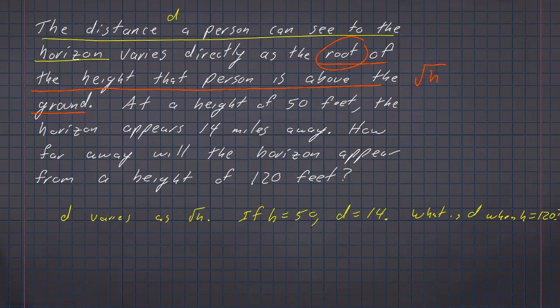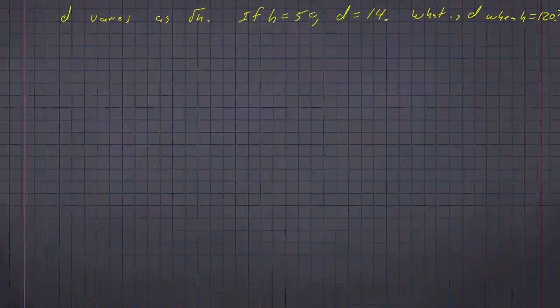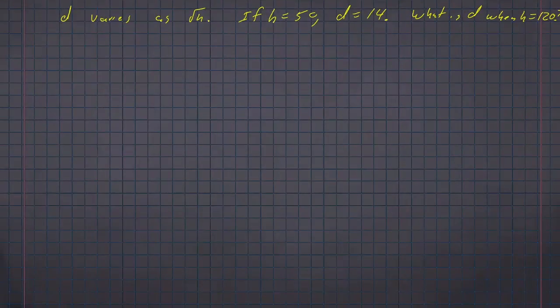Having done that, I don't need the paragraph anymore. I just need the statement I wrote out. So if d varies as the square root of h, that means that d is equal to some constant k times the square root of h.